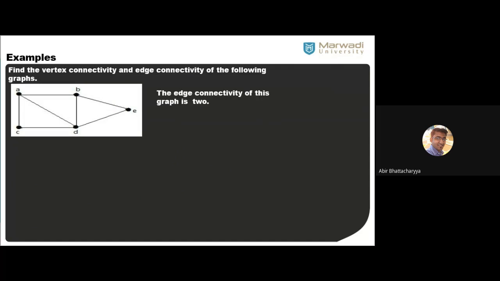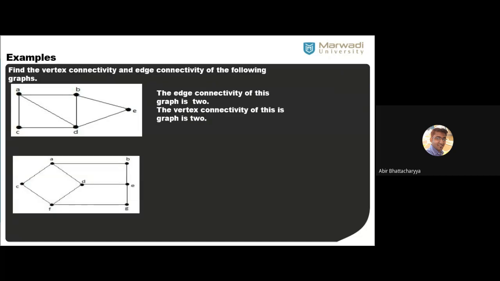So how many EC and VC do we have in one graph? Only one EC and one VC. EC and VC are numbers. Nakibullah, EC means minimum number of edges to remove, and VC means minimum number of vertices to remove. Next graph for you. All of you start to find the vertex connectivity and edge connectivity. I'm giving you the names of the edges: 1, 2, 3, 4, 5, 6, 7, 8, 9.